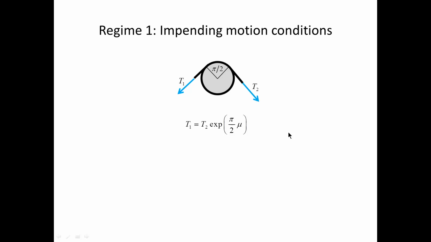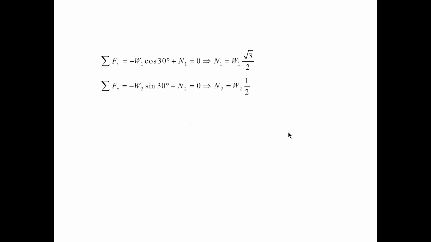As a result, the condition for the impending motion is written in this form, where of course T1 is larger than T2. The conditions for the impending motion for the contacts between the logs and the slope are written in the usual form, and now we can put together equilibrium and friction conditions to do the following algebra.